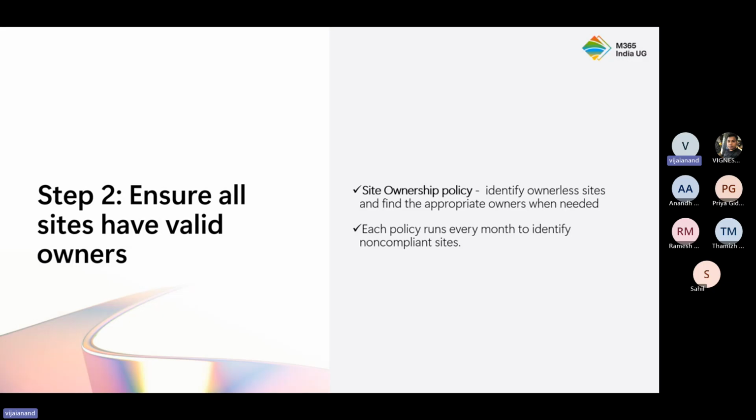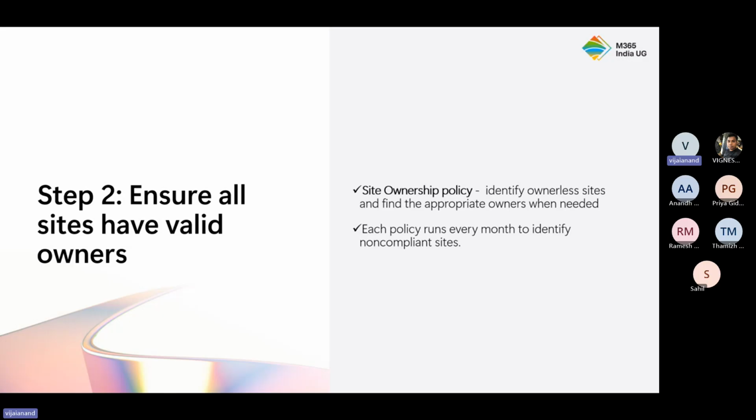This is where SAM comes into the picture. It provides a policy or a feature called site ownership policy, which helps us to identify the ownerless sites. It generates a report of all the ownerless sites, and also it helps us to find the appropriate owners when needed.